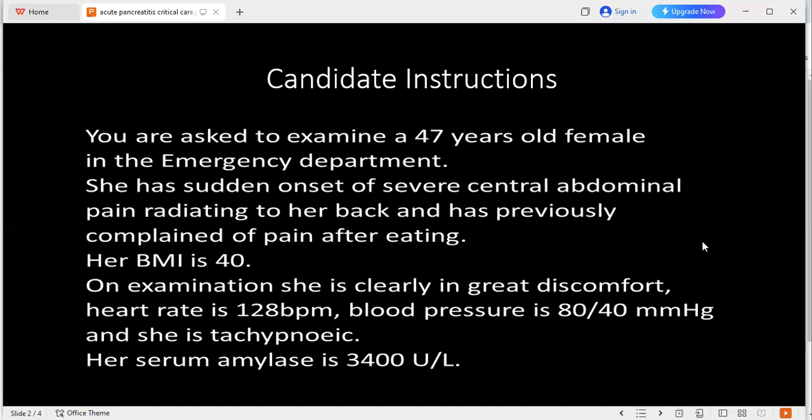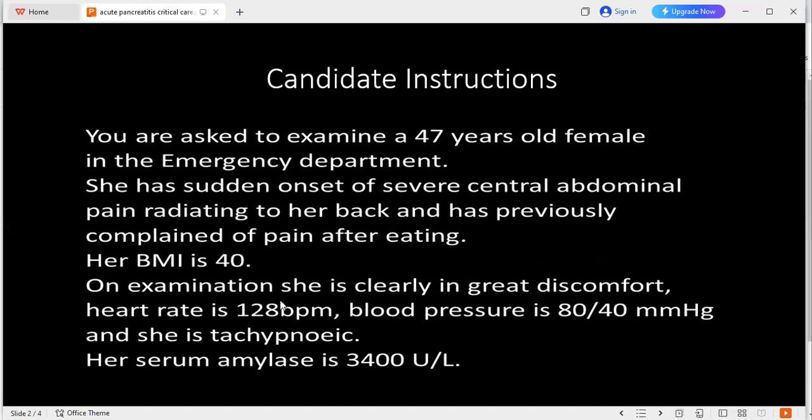Glasgow criteria, and there are more. Ranson criteria, 48 hours after admission. Okay, we'll come back to this later.